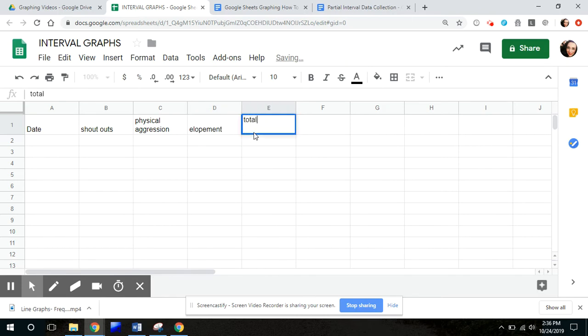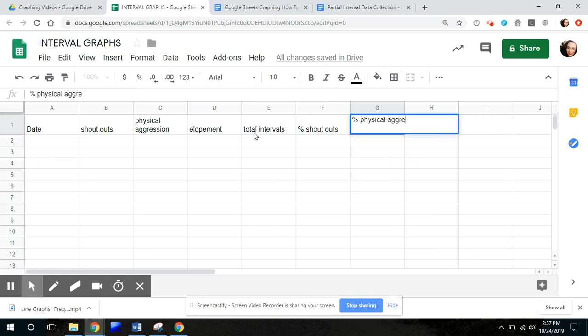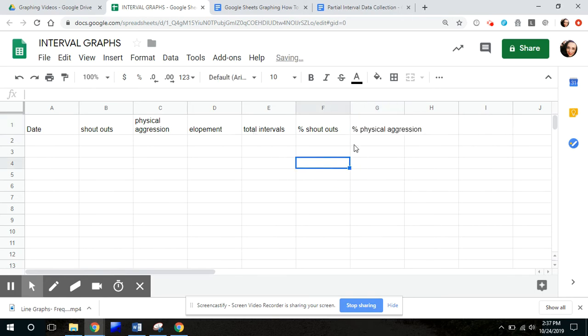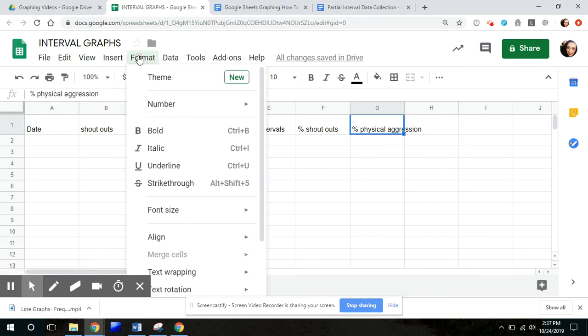I'll wrap this: format, text wrapping, wrap. And then I want a column for total intervals. And then in these columns right here, I'll put the percent. This is where my formulas are going to go.